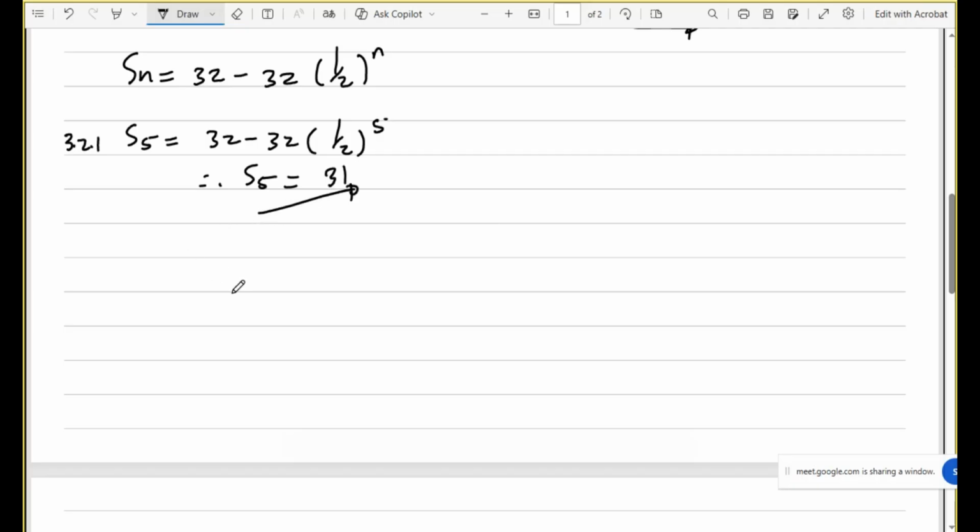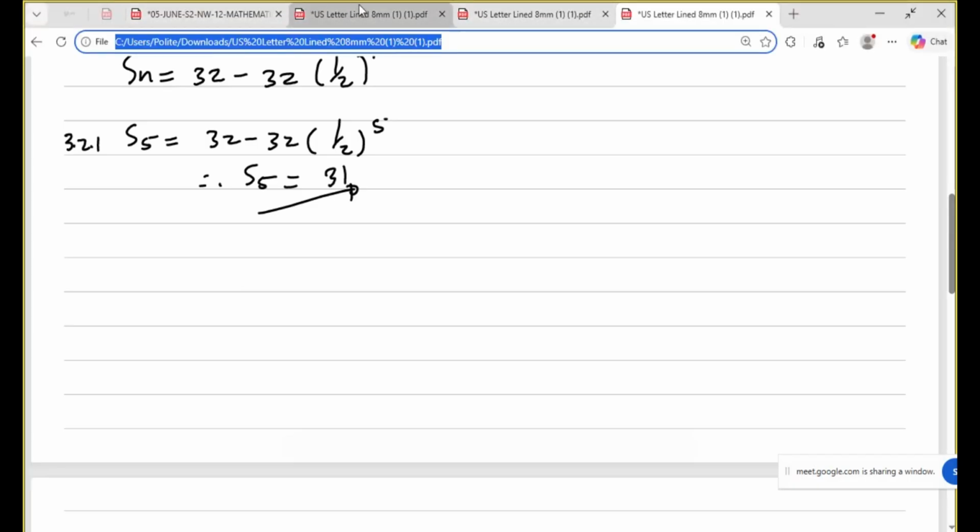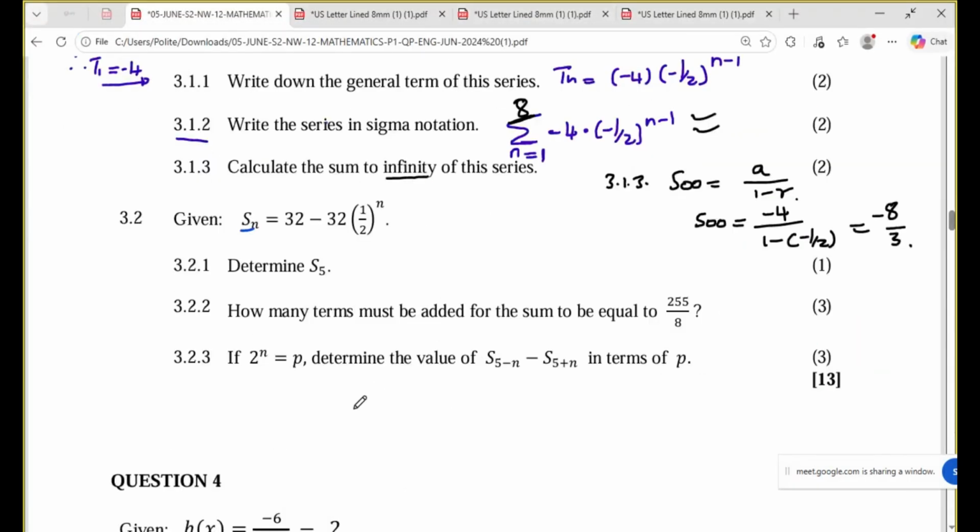Okay, so now the next question says, oh, I never thought that I'll be teaching for 3 hours, but this is me. Let's keep going. How many terms must be added for the sum to be equal to 225 over 8?